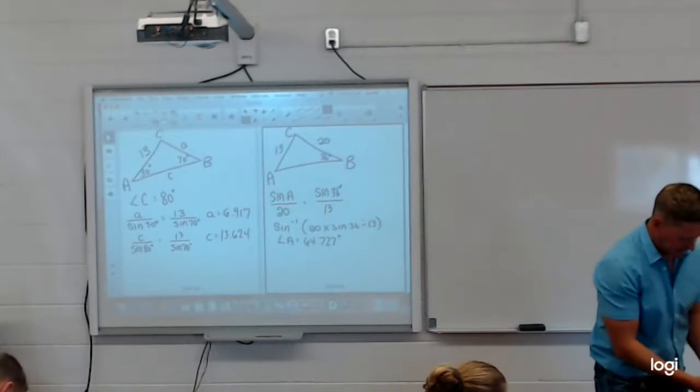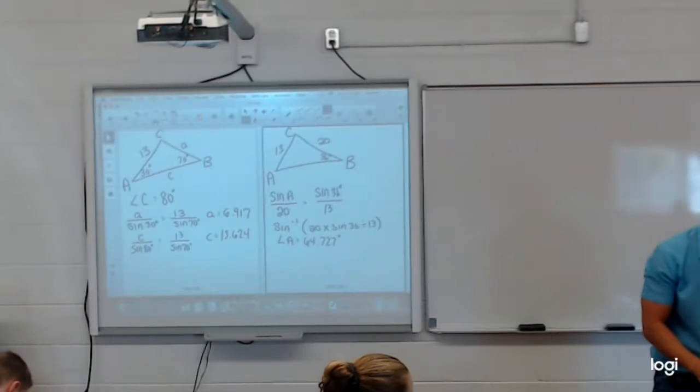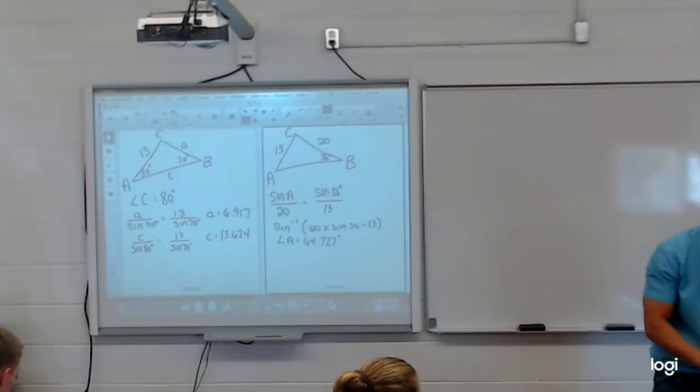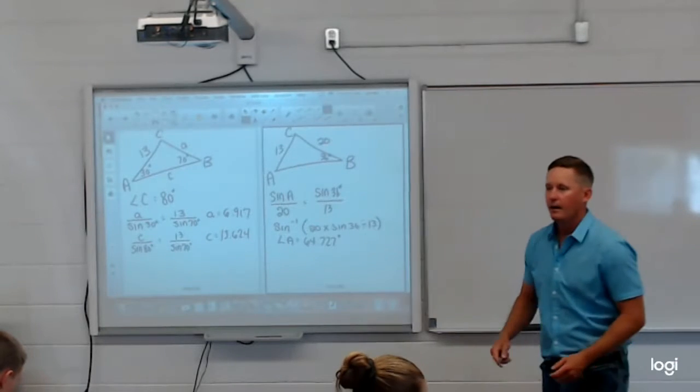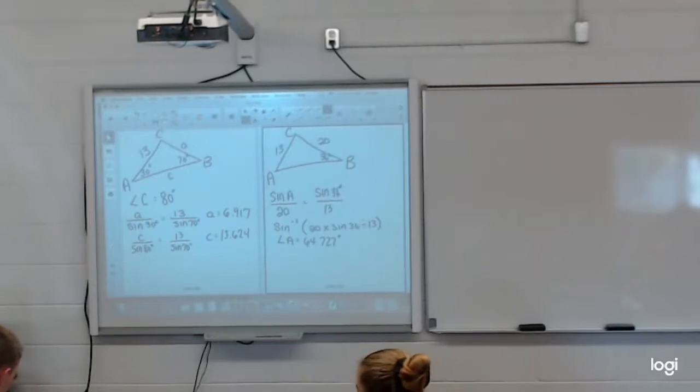Open bracket, now punch it in, times sine 36. It doesn't matter, you can do it 20 over sine, 13 over sine. Close that. That's part of the notes we took yesterday. Every time you hit sine, you have to make sure your numbers are in brackets.